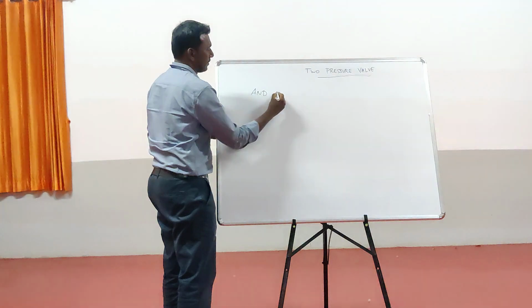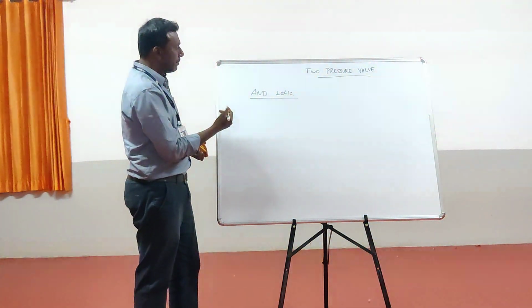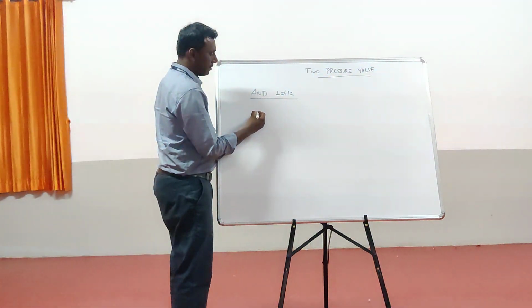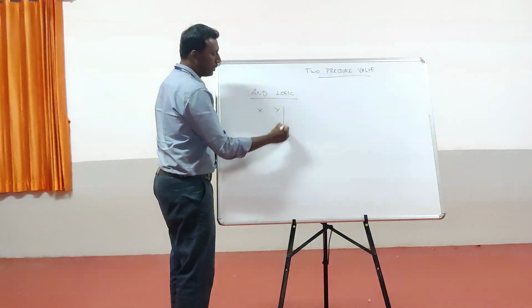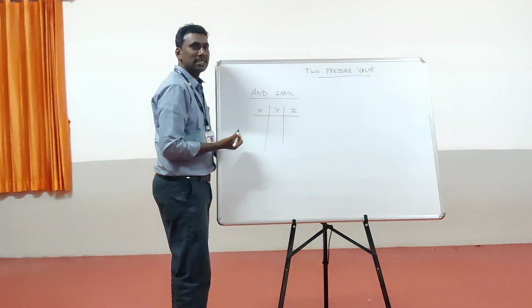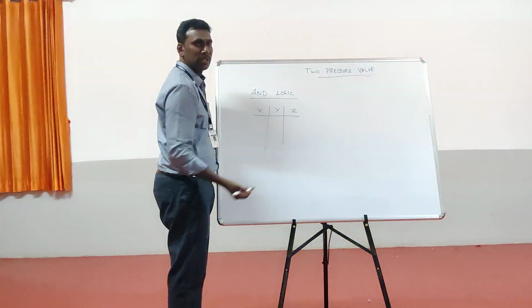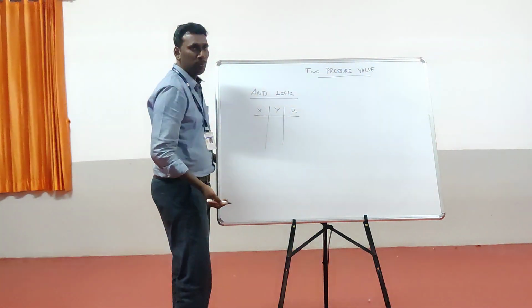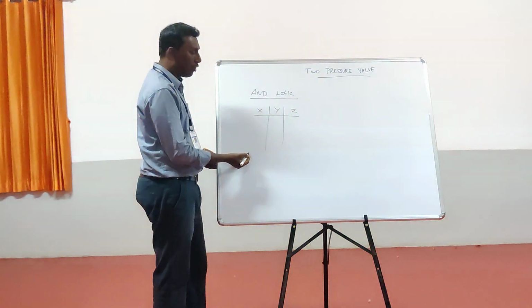AND logic. In terms of basics, to perform this AND logic, we need two inputs to produce an output. Let's consider X as input 1 and Y as input 2 to produce Z as an output. If we have two inputs, we have four combinations.